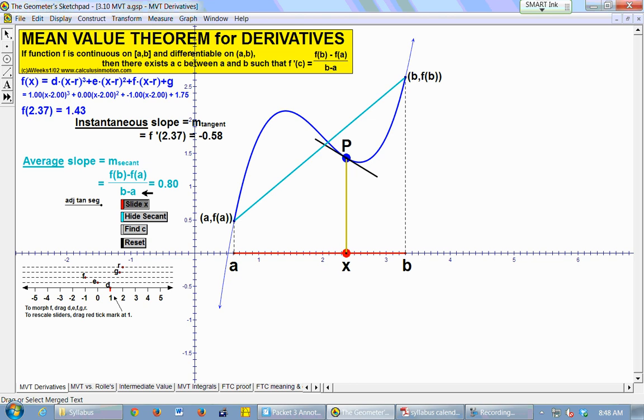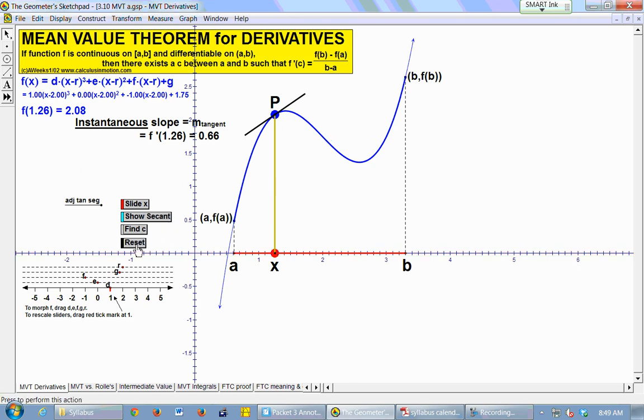So there's actually two. The mean value theorem guarantees that there's at least one. Sometimes there's more than one. In this case, there are two. Let's see, I'll slide this manually. Oh, look, I stopped it right at the parallel point. And then I can actually have this little program find c. So let's reset.